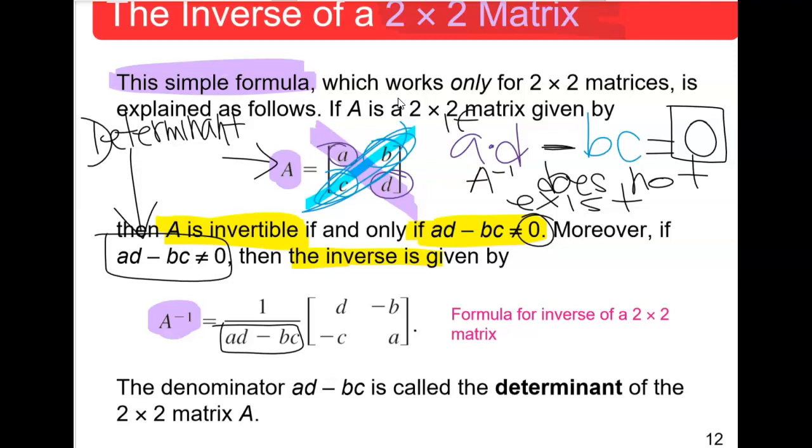But if it's something other than 0, it does have an inverse. And the reciprocal of the determinant is going to be a constant. So 1 over the determinant of matrix A is a constant, just a single number.